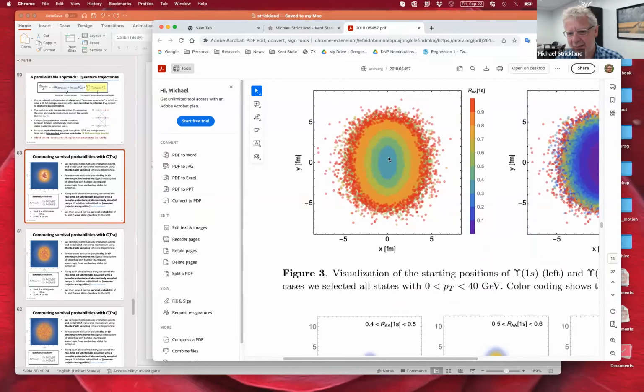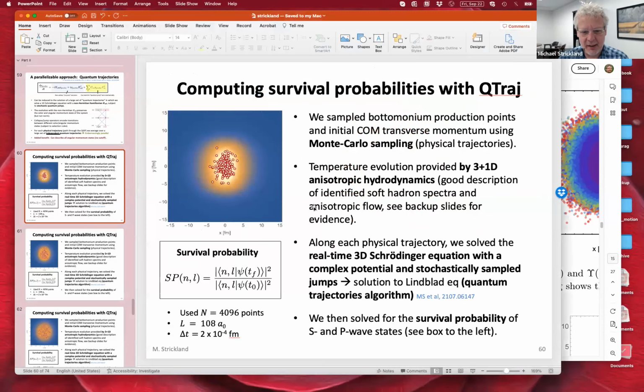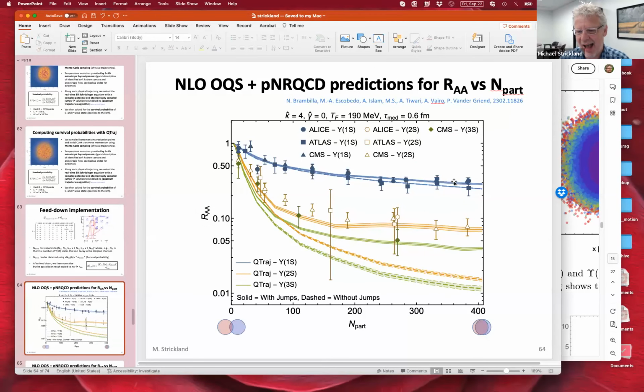The ones in the center just get killed, and the ones that got sampled out here on the edge are the ones that survive. So you have to do this over and over again, and then average over this entire ensemble. What we see in the slide is the average of the entire ensemble. I've now averaged over all of those sampled physical trajectories.